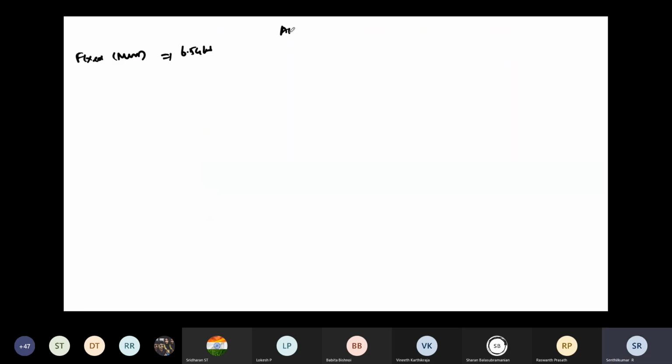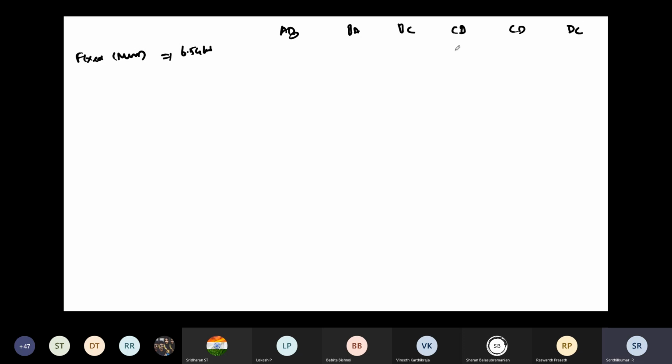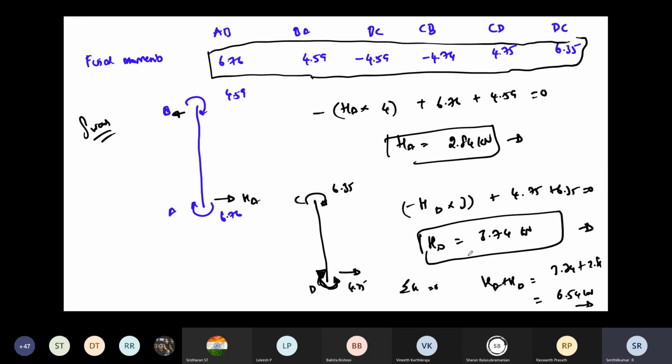AB, BA, BC, CB, CD, DC: 6.76, 4.59, minus 4.59, minus 4.74, 4.75, 6.35. So this is for 6.54 kilonewton. That only we found out, okay?